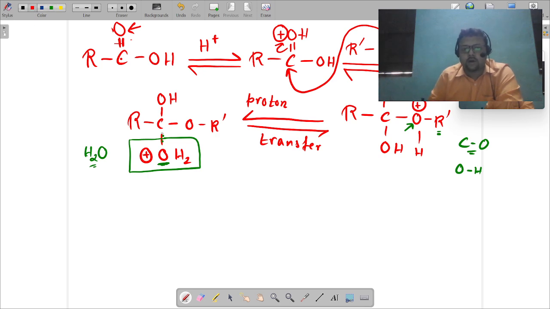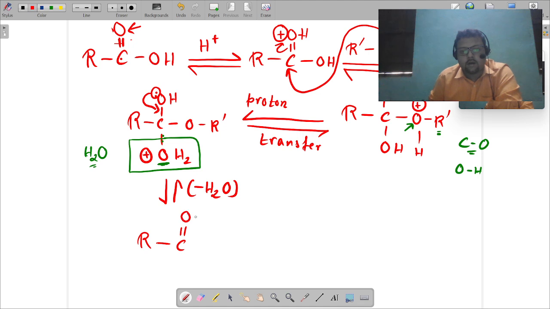To help that cleavage, this oxygen also helps by donating its electron pairs, and thus we get a dehydration step, and we also get the reoccurring of the carbon oxygen double bond with obviously a positive charge on the carbonyl carbon.